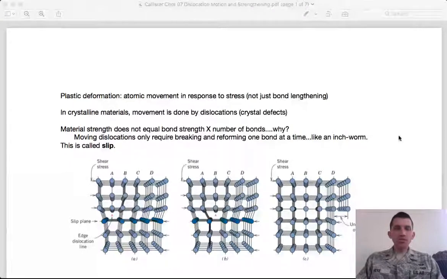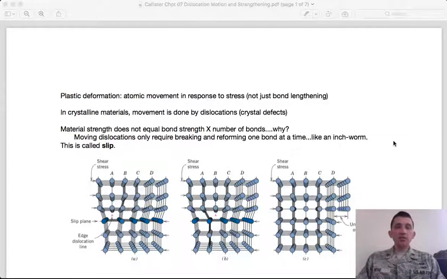So Chapter 7 builds on what we talked about in the last video, Chapter 6 with mechanical properties of materials, and here the focus is on the main mechanism behind many of our mechanical properties of materials, especially metals, and that is dislocation motion.